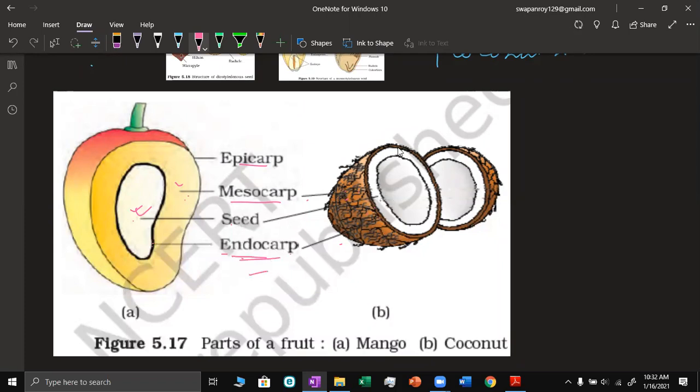And here that white portion is in the seed, and in the seed it is actually the endosperm that we eat.